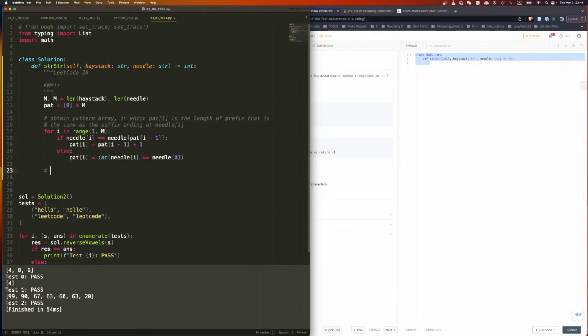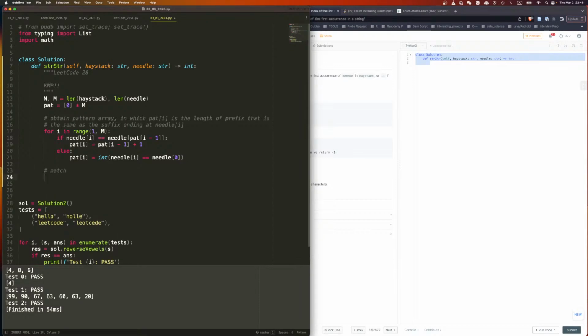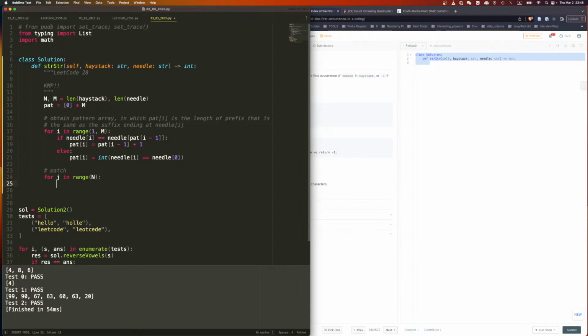So now we're gonna say this is the match. So the match, we're gonna have to say, on the top, right? So for j in range n, okay, and then for the bottom, we're just gonna go one by one, right? We match, and then from the first time we mismatch, right?